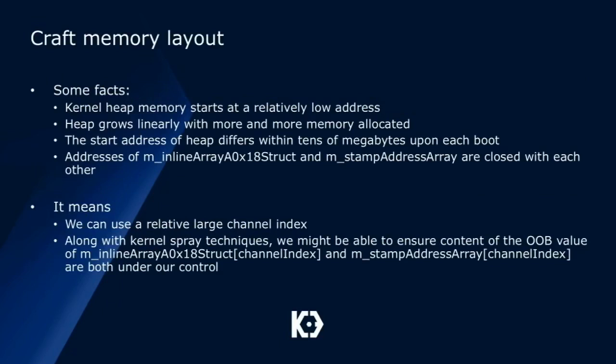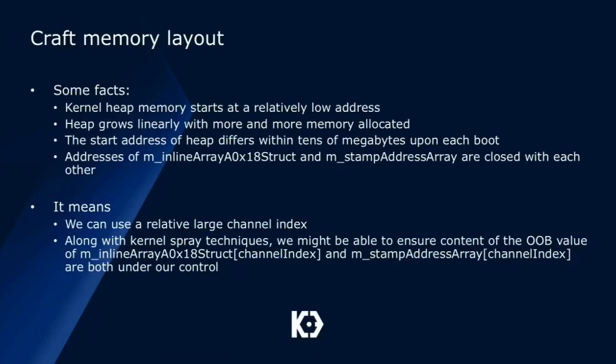To exploit this bug, memory layouting is a key factor. Before doing that, we need to understand some facts. The first fact is that kernel heap memory starts at a relatively low address, and the heap can grow linearly with more and more memory allocated. The start address of the heap differs within tens of megabytes upon each boot, due to the early random value.